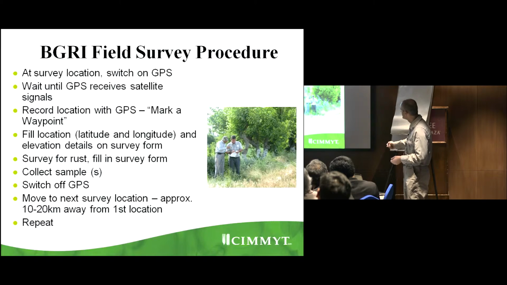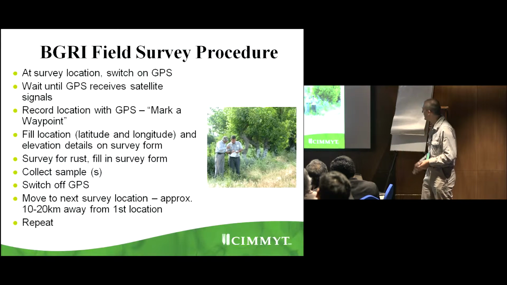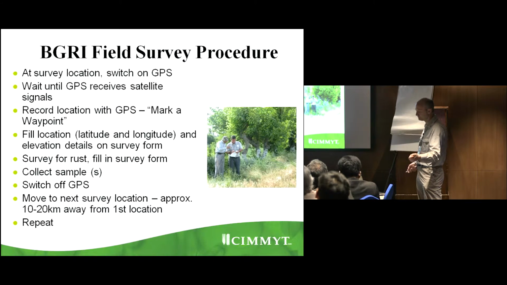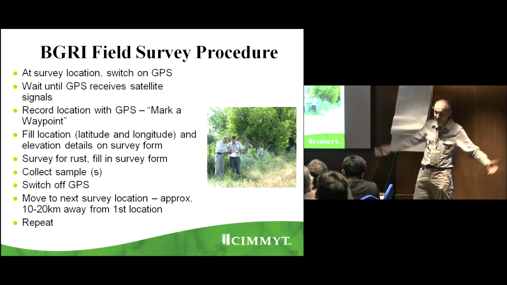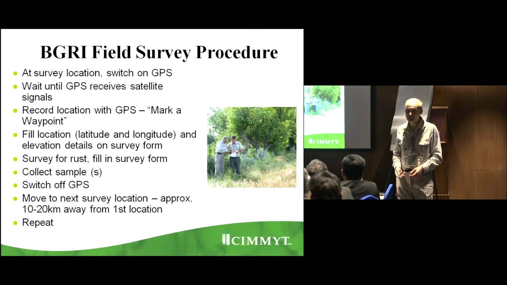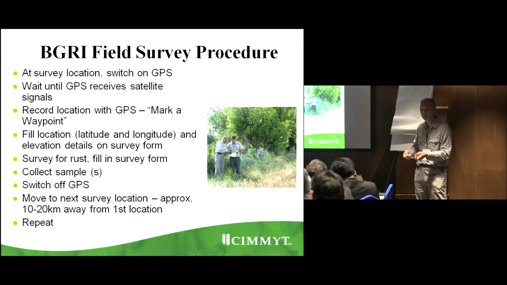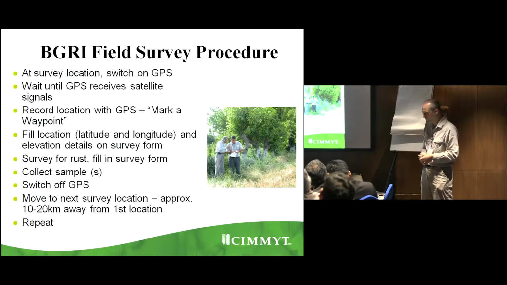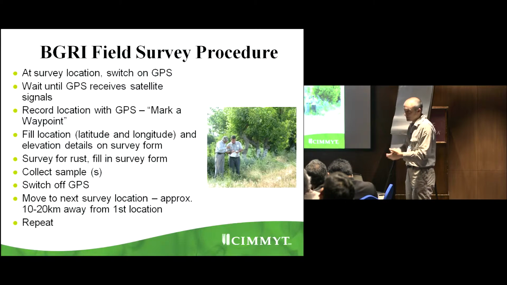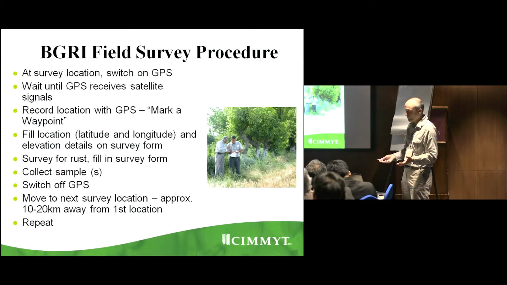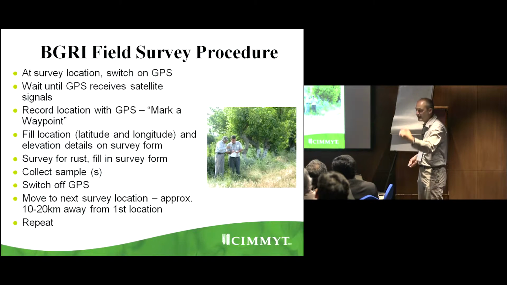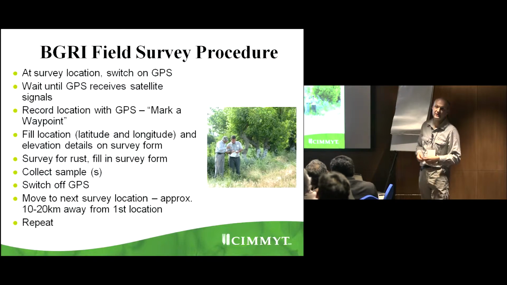So a typical procedure would be you'd arrive at a field site, you'd record the GPS location, you would do the survey obviously for rust in the field, you'd record the information either on paper or in electronic form, collect a sample if it's appropriate, and then go on to your next field survey site.